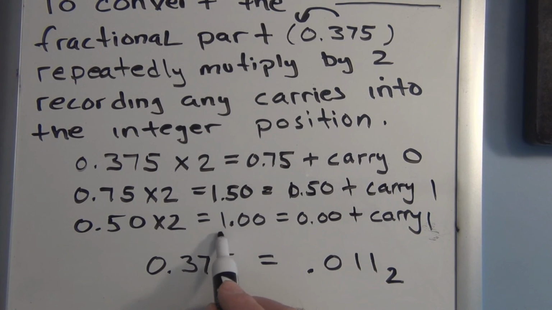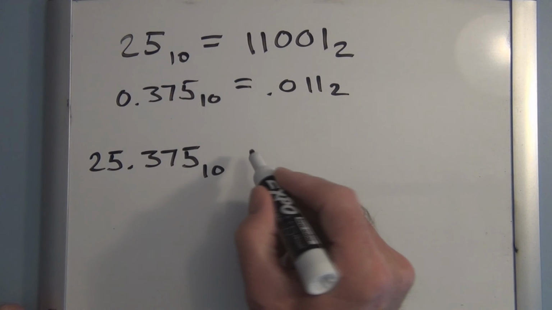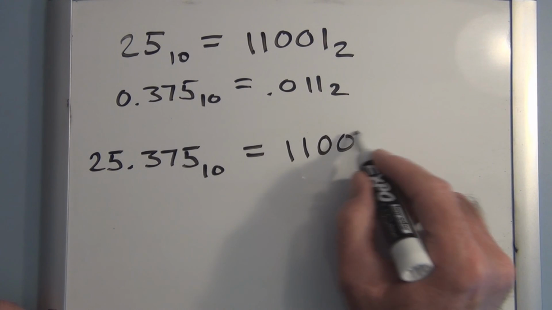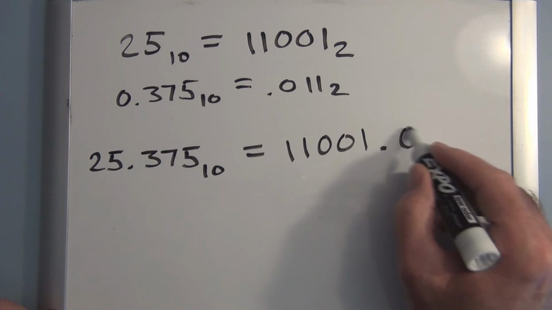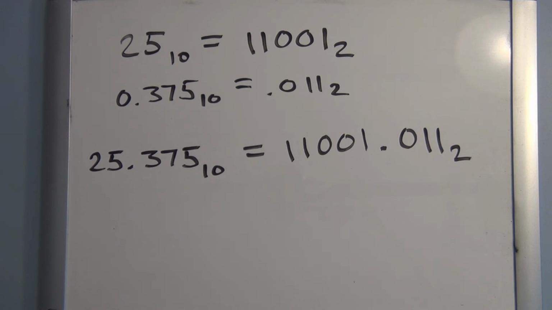So this is why we stop when we get to 1.00. So now that we've converted the integer portion and the fractional portion separately to their binary equivalents, you can just combine those. So this would equal 11001.011 to the base 2, or binary.